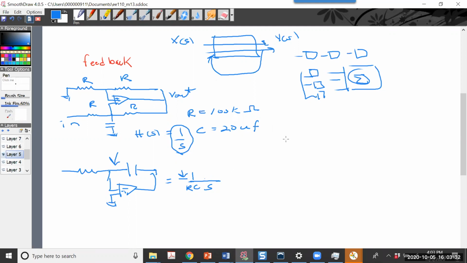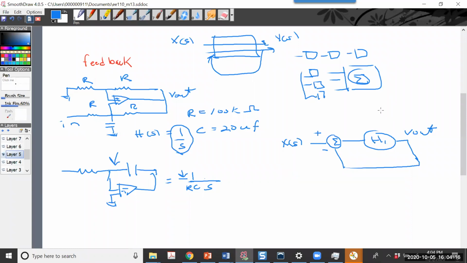So let's just make a simple signal flow graph.